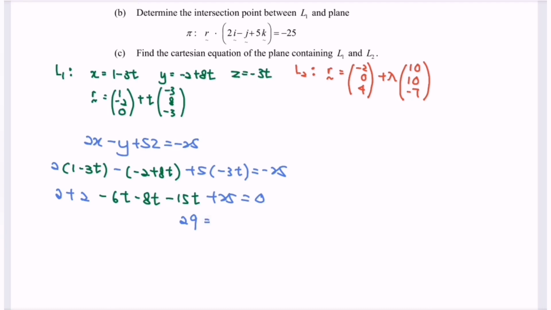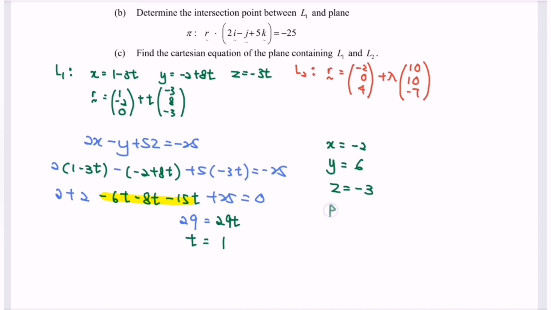If we sum up, we have negative 29 plus 29t, rearranging. So from here t equals 1. Kindly substitute t equals 1 into the parametric equation of line L1. So x equals 1 minus 3t, so negative 2. y, if we substitute 1, we will have 6. z equals negative 3.